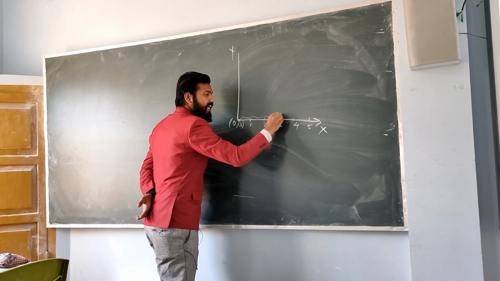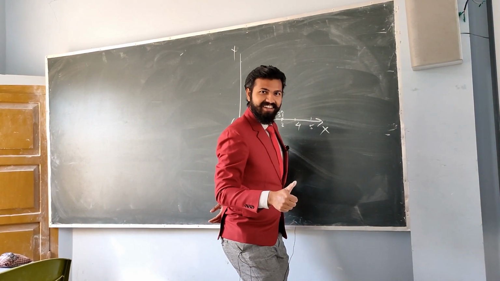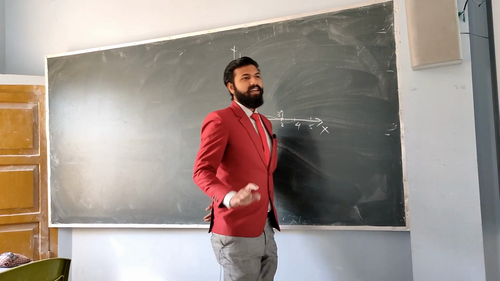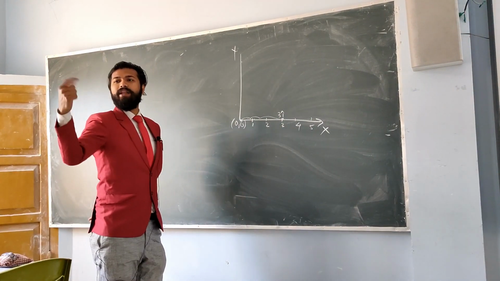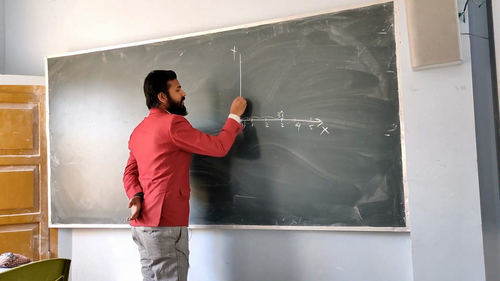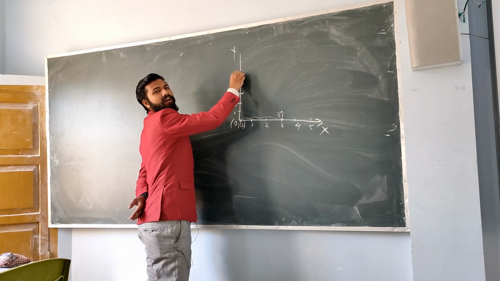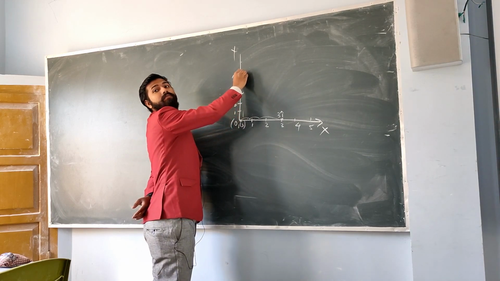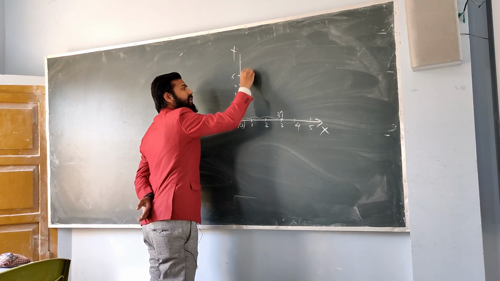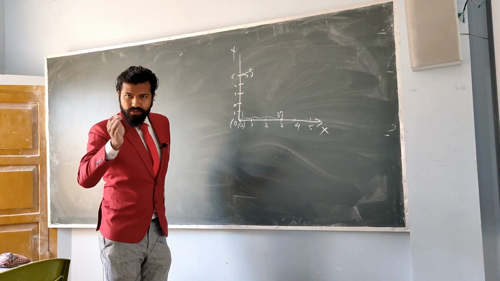It is 3 i-cap. 3 represents steps, and i-cap represents direction. Understood? Now one more boy, Manuel, also walked 5 steps: 1, 2, 3, 4, 5. He stopped here. Now what is the vector of u? He walked 5 j-cap. Understood?